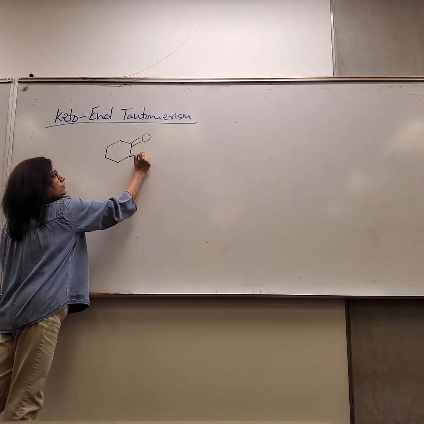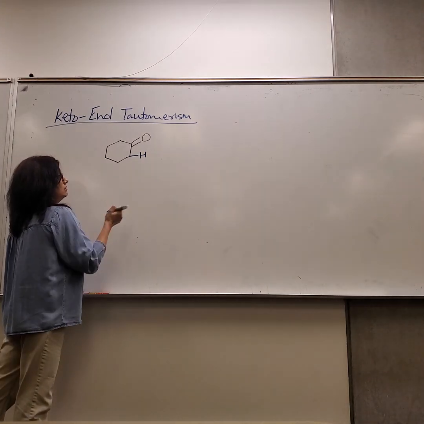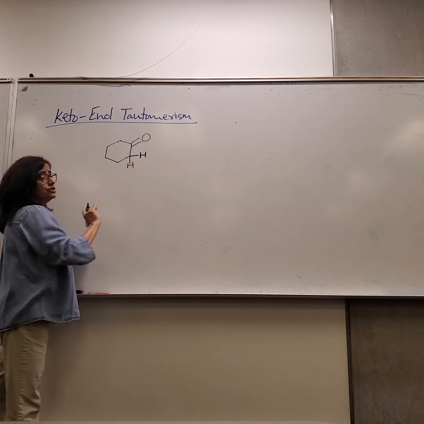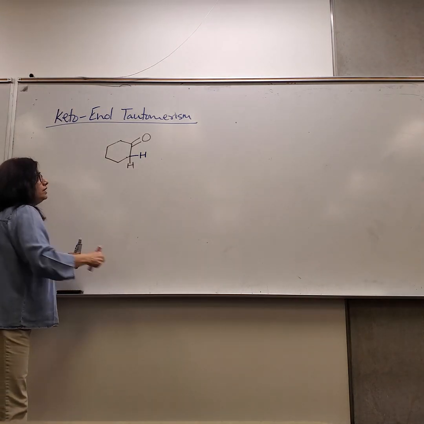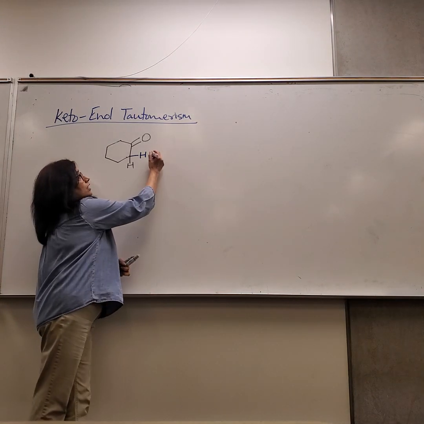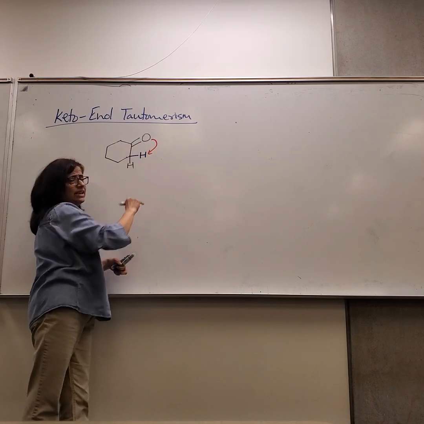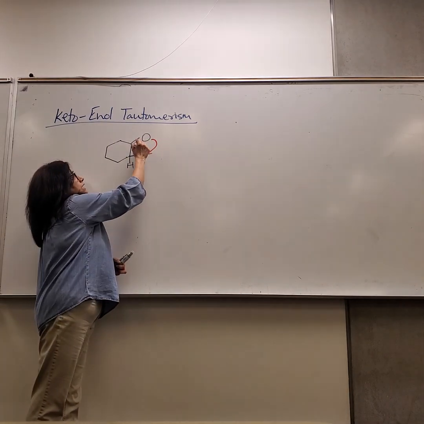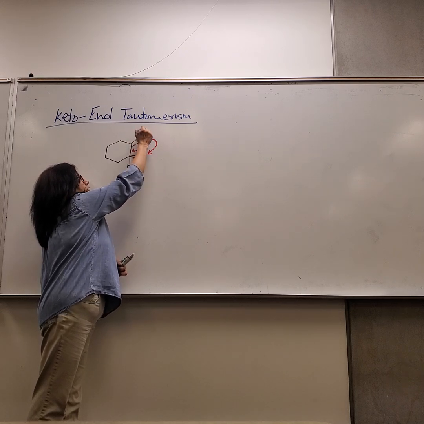One of the hydrogens from the alpha carbon goes to the oxygen. Again, this is not the mechanism, I'm just showing you what's going on. The oxygen takes one of those hydrogens, and then the electrons go here.